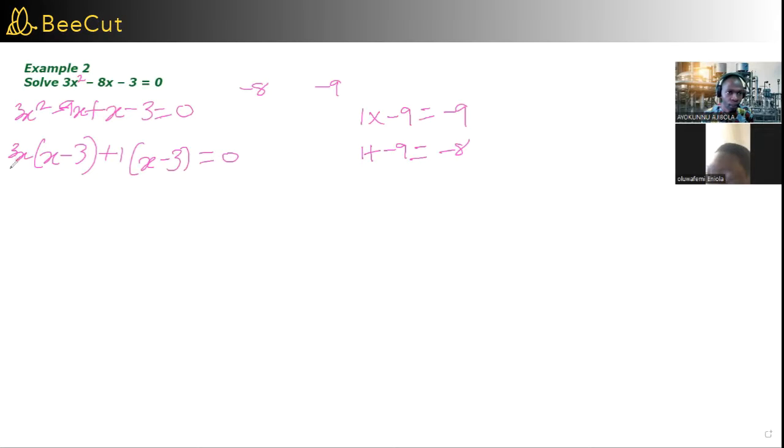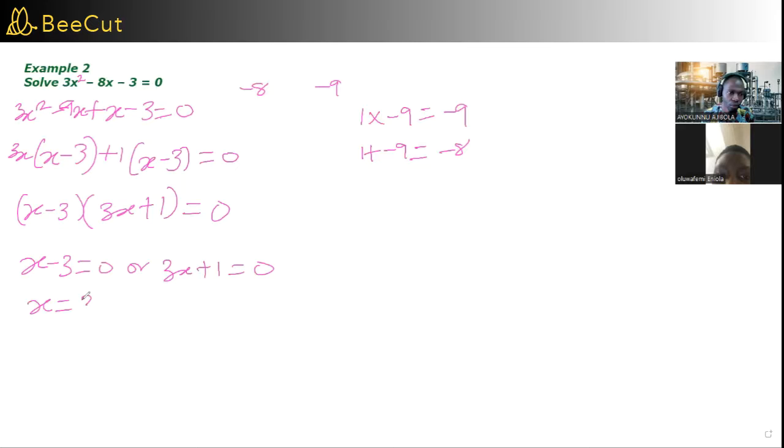Now I'm going to look at it. x minus 3 is common to this. So I have x minus 3 into 3x plus 1 equal to 0. Now, do you get that now? Yes, sir. Now, what am I to write now? x minus 3 equals 0 or 3x plus 1 equals 0.